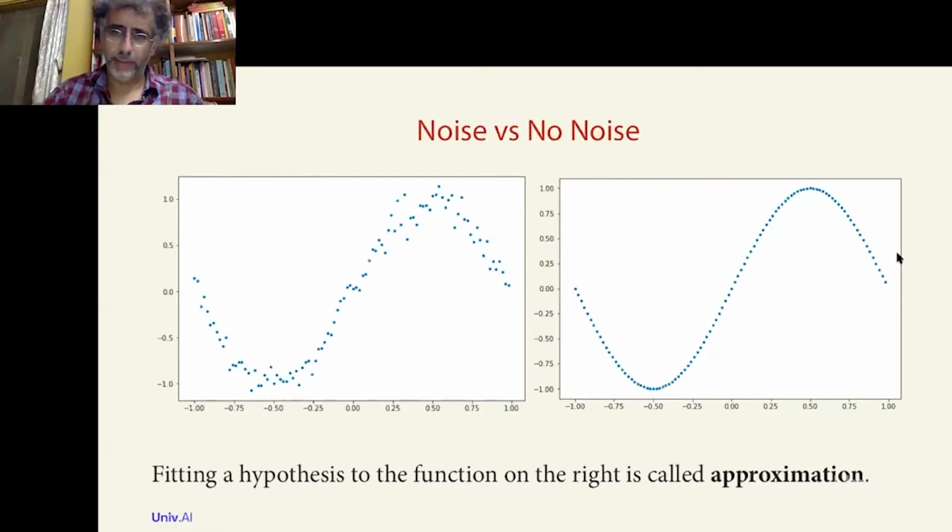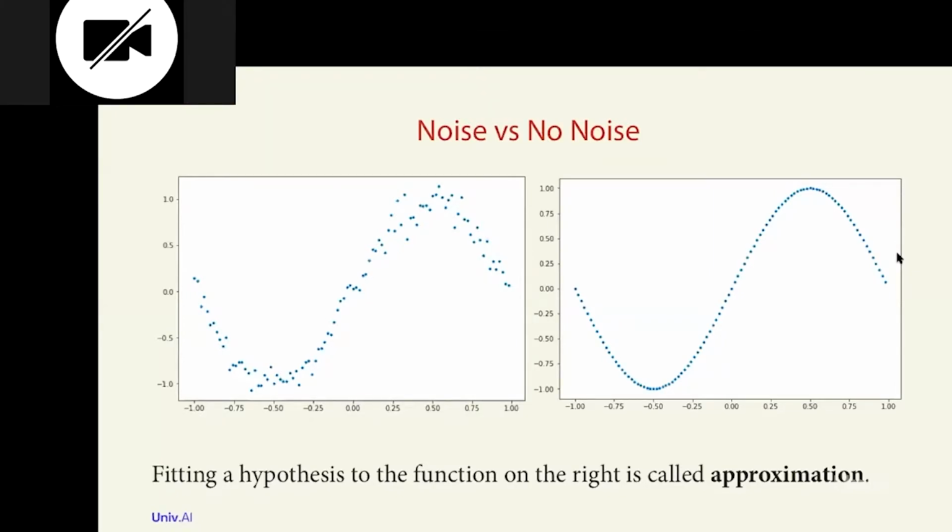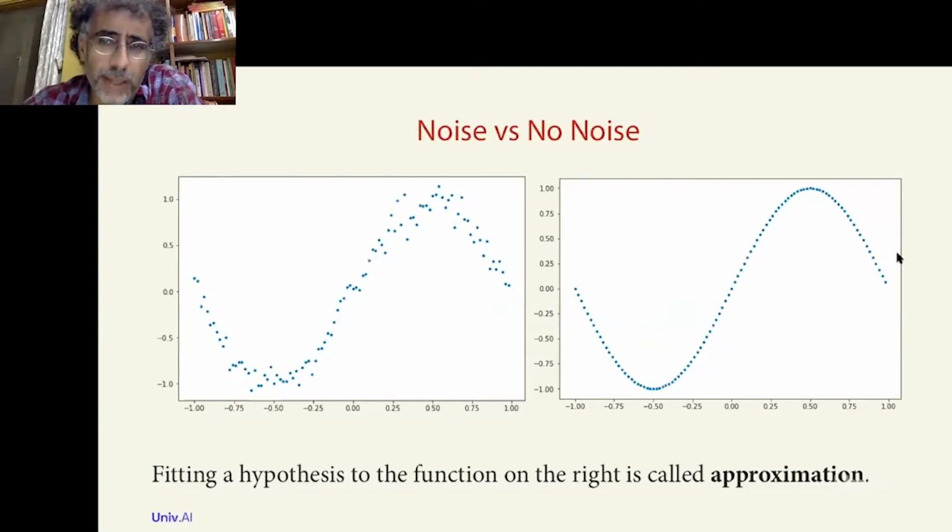Well, think of elections, right? So there are elections coming up in the US very soon. The US has about 300 million people. Is it humanly possible to go ask 300 million people who they're going to vote for? Not at all, right? What does a pollster typically do?